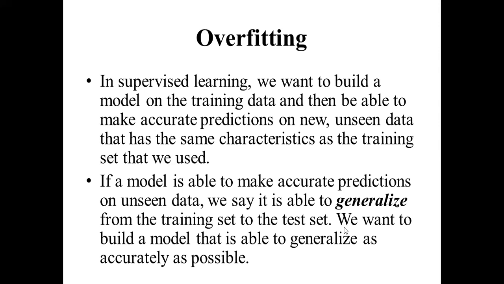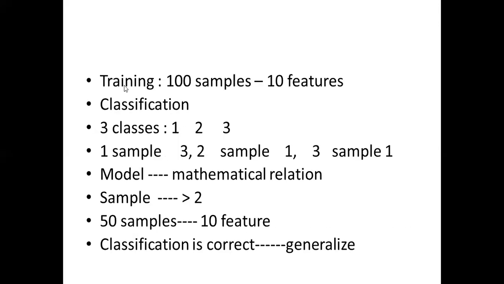So the unseen data will be called the test data. Again, I want to check whether this is giving me the correct answer. This will be called training data and this will be called test data.